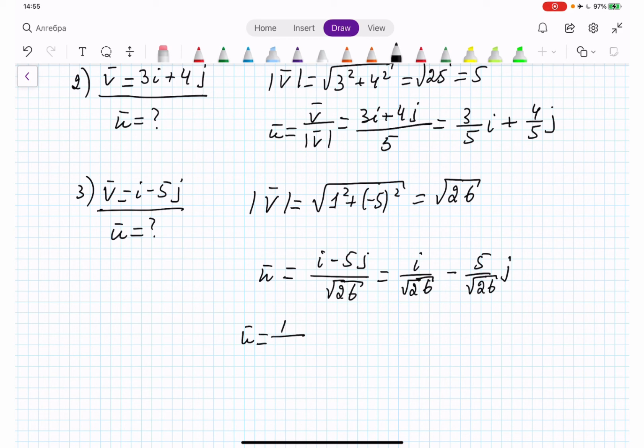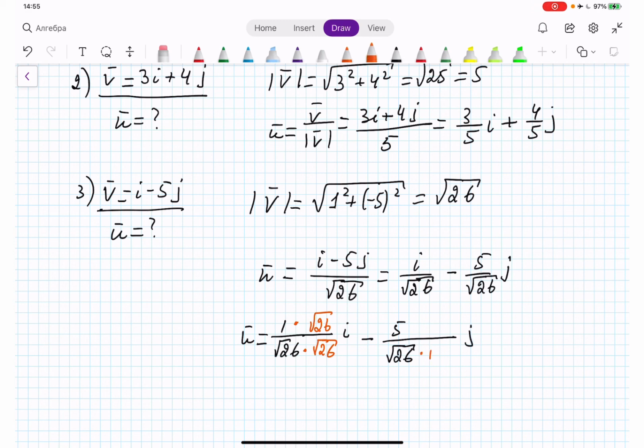So 1 over square root of 26, I'm going to multiply by square root of 26, because the purpose is to get rid of the radical in the denominator. And the same operation I do here, and then minus 5 over square root of 26 j.